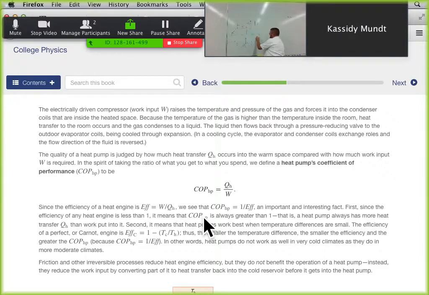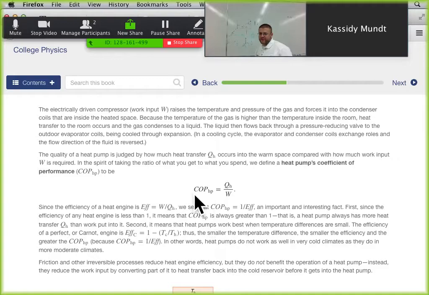It's just for a heat pump. We use HP for horsepower as well, but usually it's a little HP. But you take the Q hot, the hot side, which is the outside of your house in the case of an air conditioner, you divide it by the work that's being done, or I guess the amount of electrical energy that you put into the air conditioning.